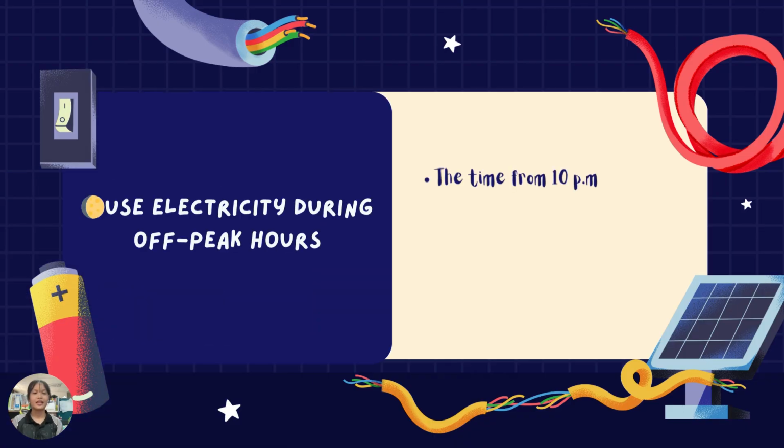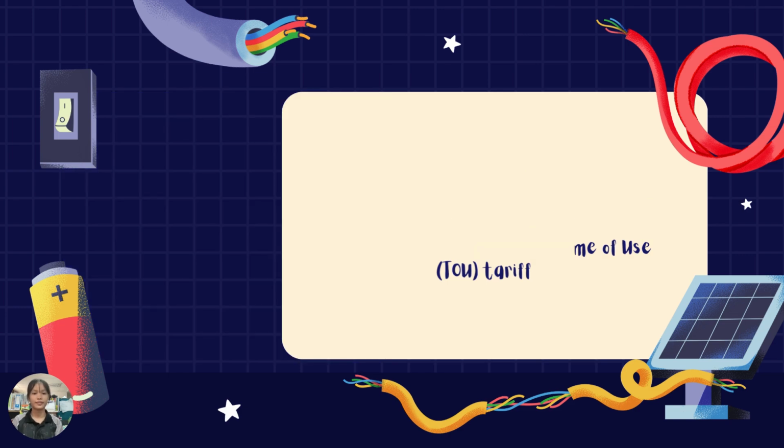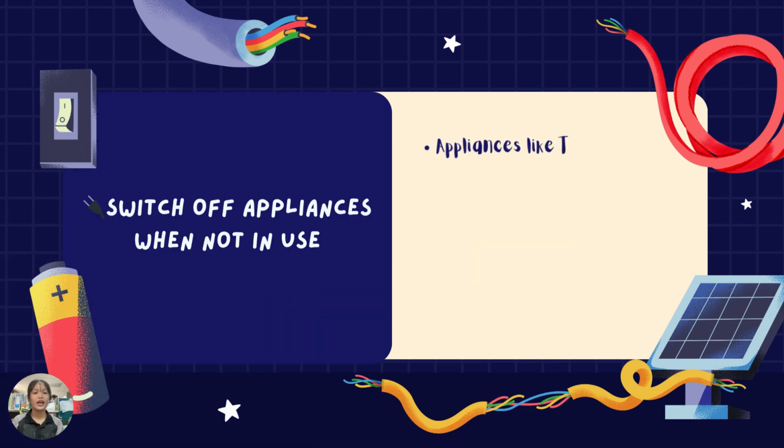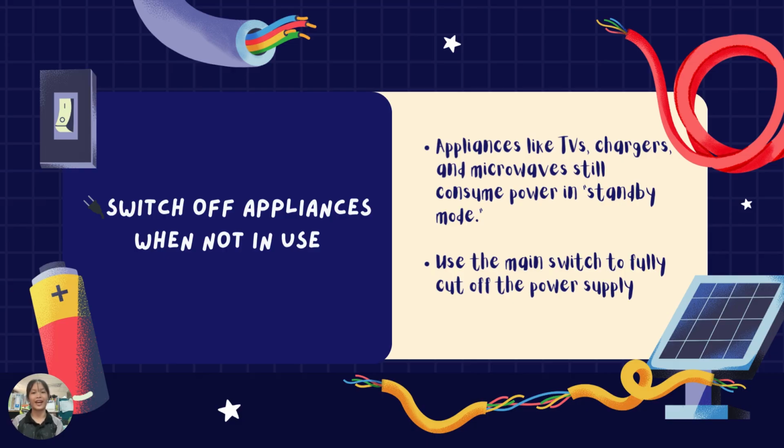Third, use electricity during off-peak hours. The time from 10 p.m. to 2 p.m. is considered an off-peak period with lower rates if you are on the time of use (TOU) tariff. And the last one is to switch off appliances when not in use. Appliances like TVs, chargers, and microwaves still consume power in standby mode. Use the main switch to fully cut off the power supply.